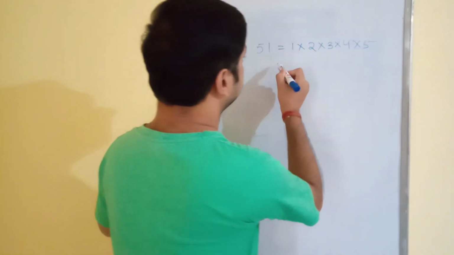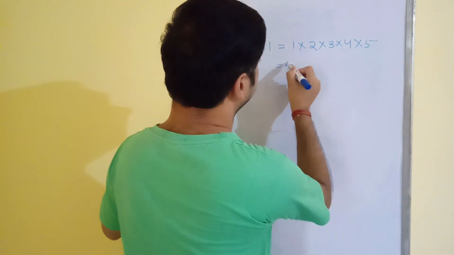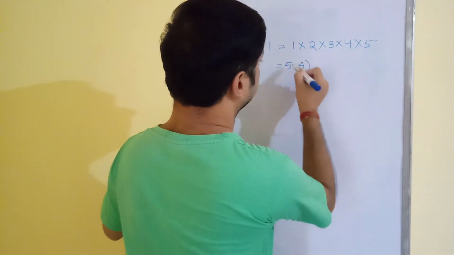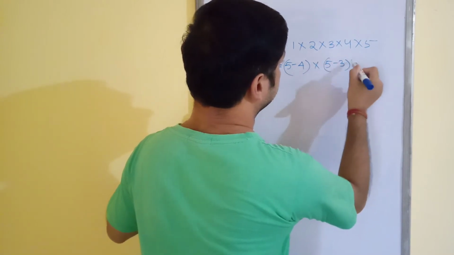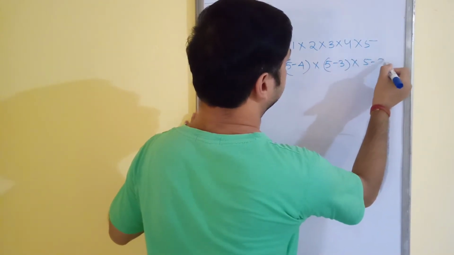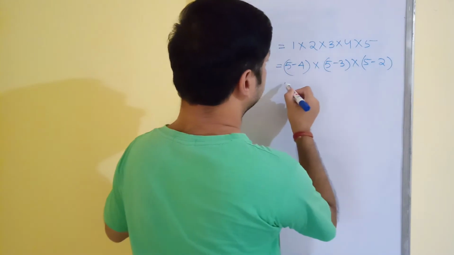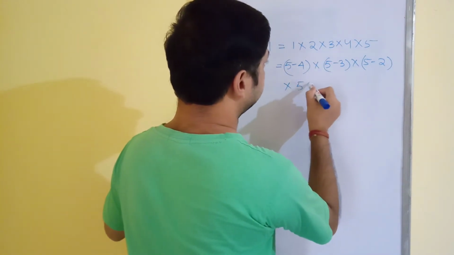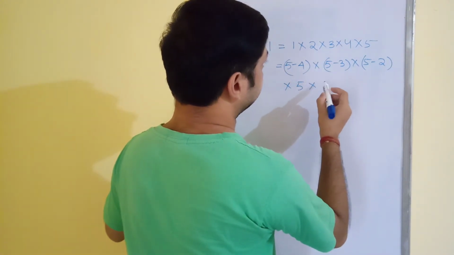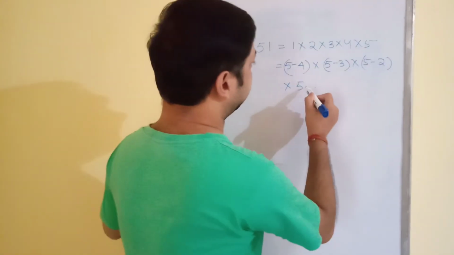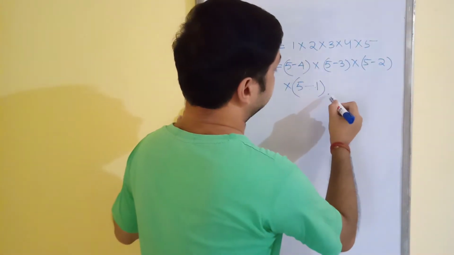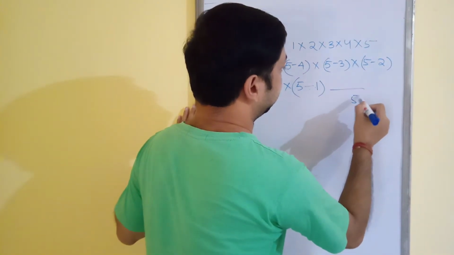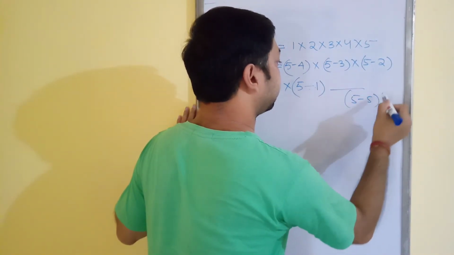You can see here 1 can be written as 5 minus 4, this is 5 minus 3, this is 5 minus 2, into this is 5 minus 1, or additionally you can add here 5 minus 5 factorial.